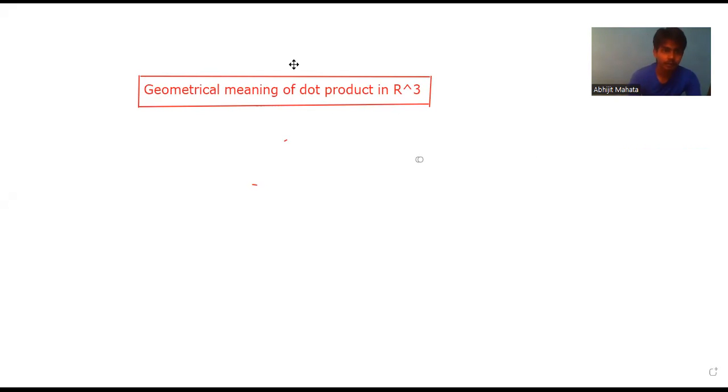Okay. So let me write down here the definition of the dot product in R3. Let two vectors be given.